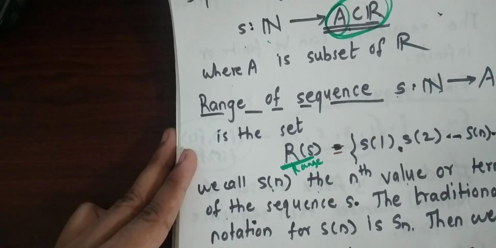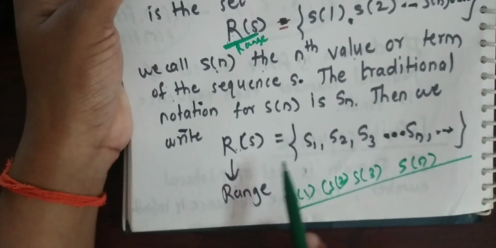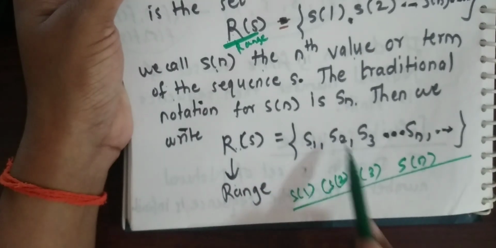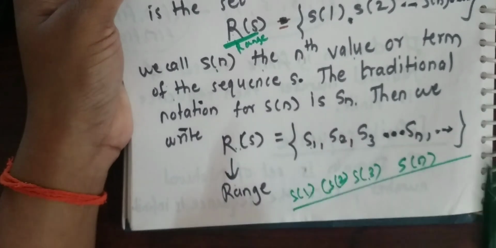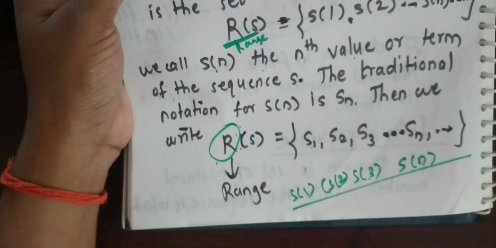You can also write S(n), S(3), S(2), S(1) like this. Here is the range of the sequence: S(1) is S1, S(2) is S2, S(3) is S3, S(n) is Sn. So R here stands for range.